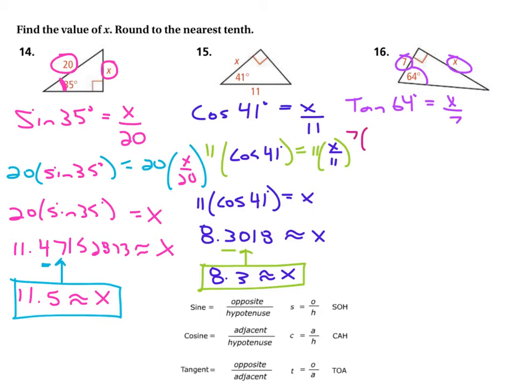So we'll say 7 parentheses tangent of 64 is equal to 7 times x over 7.